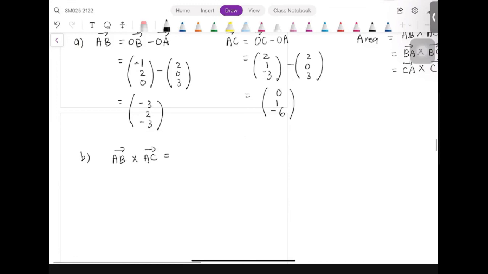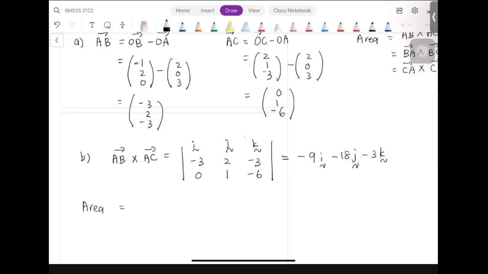When it comes to cross product, remember we must use the modulus, i, j, k, of negative 3, 2, negative 3 cross 0, 1, negative 6. Simplify this carefully. Delete the row and column for each element. You will get negative 9i minus 18j minus 3k. And then the last part, to find the area, is basically half of its magnitude.